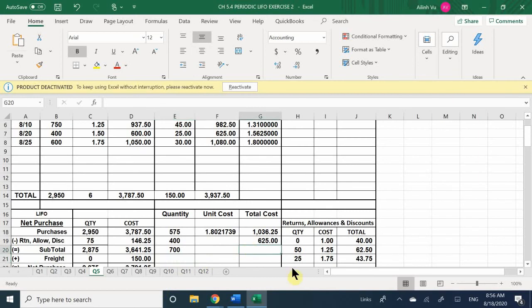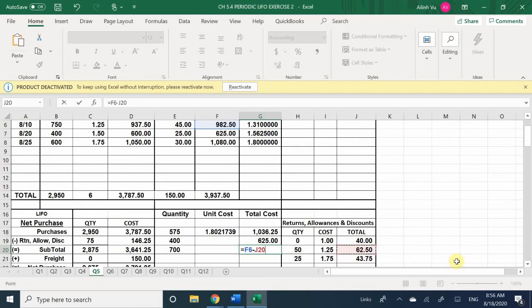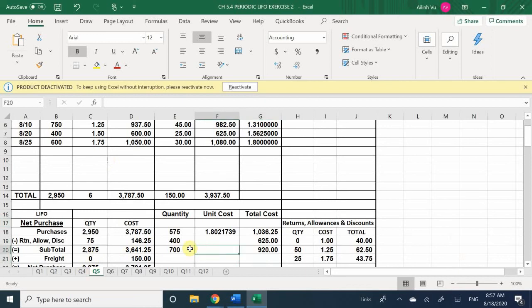And then it used to be 982.50, but we just subtract what we returned. So what do we get here? 920. So here, are we taking all of the 700 or a portion of the 700?